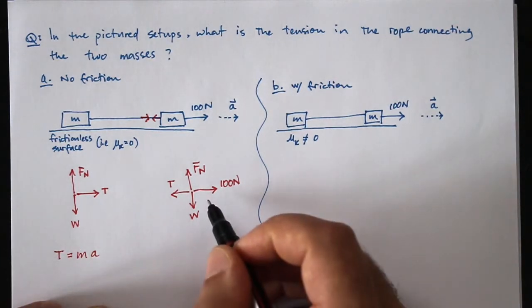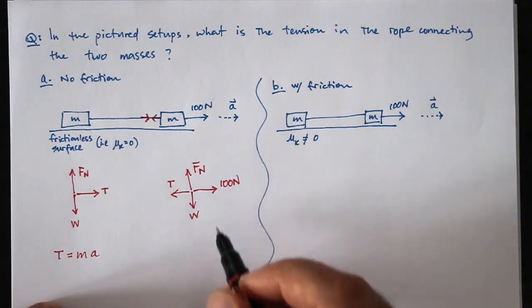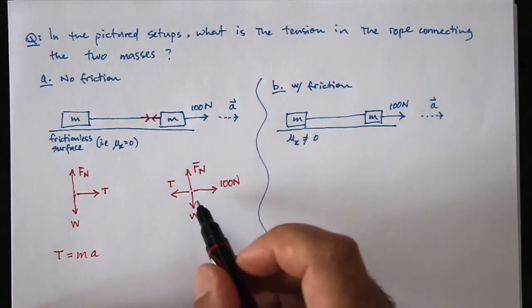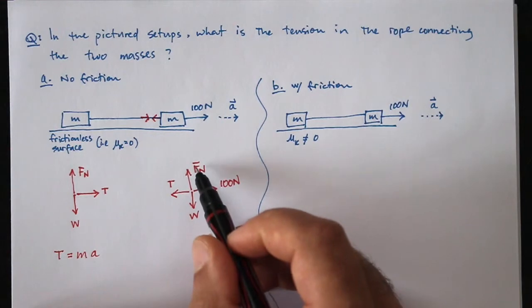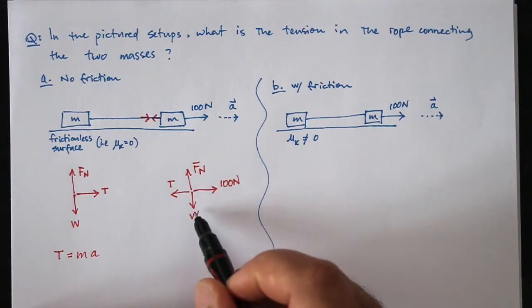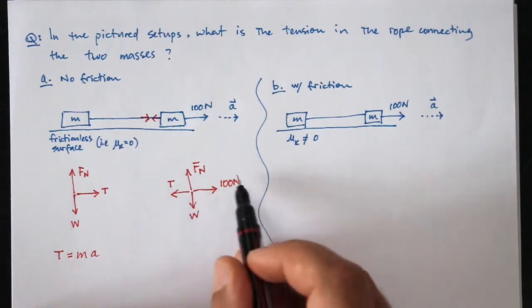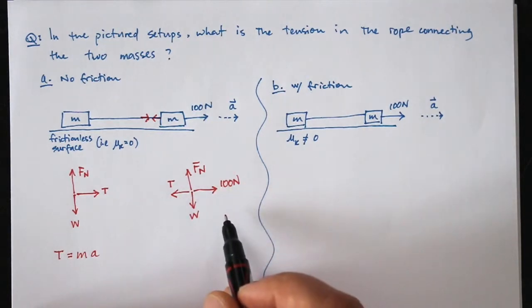From the free body diagram for the mass on the right, again, the normal force is also going to be equal to the weight, but it's not going to help me much. What is going to help me is if I write the x direction.